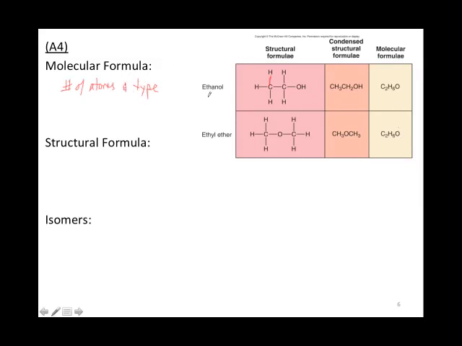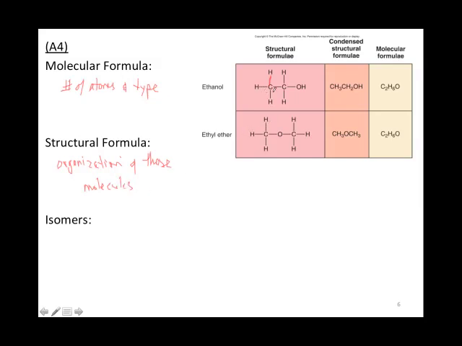So the molecular formula only tells you the number of atoms and what type of atoms are present in that particular molecule. If you want to know how those atoms are arranged, you have to look at what we call the structural formula. This shows you the organization of those molecules and the exact relationship between the different atoms.